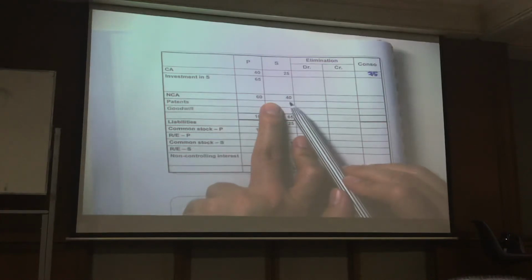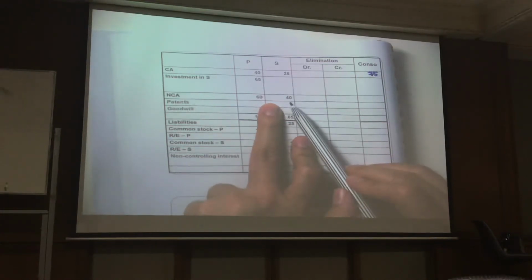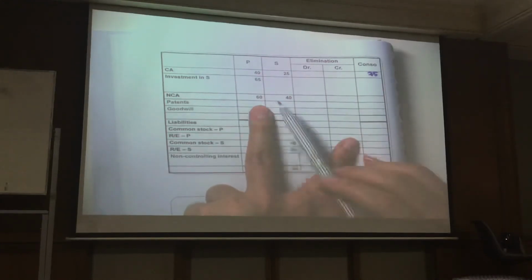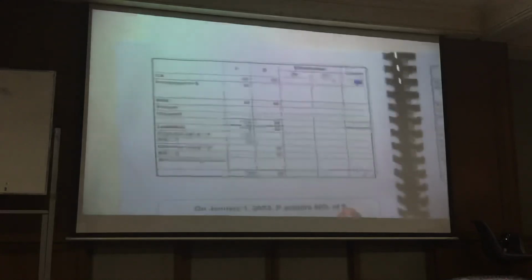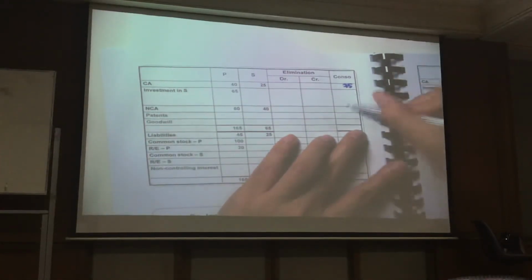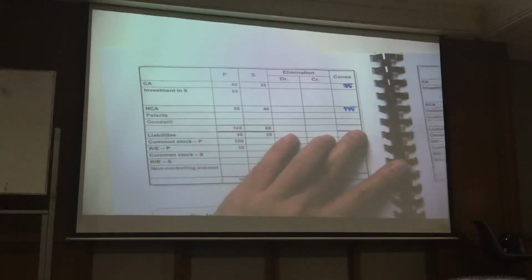But fair value is what? 55. So the amount of non-current asset that should be reported in the financial statement will be 115.